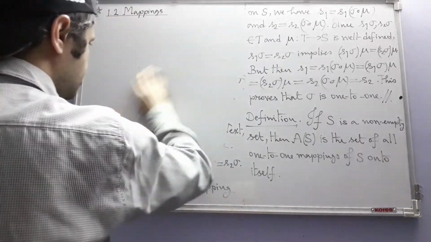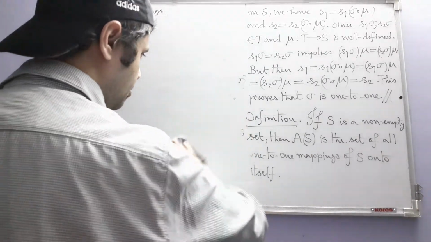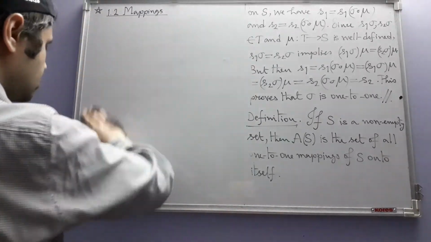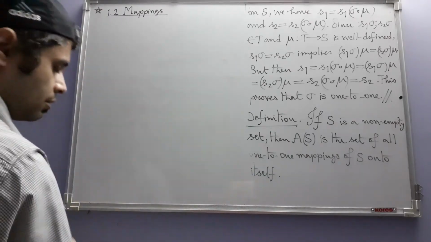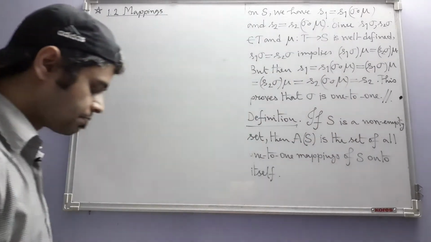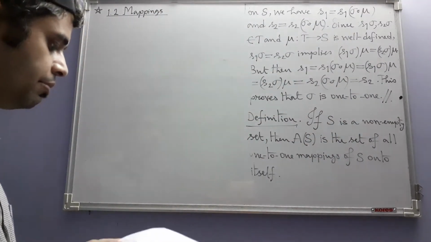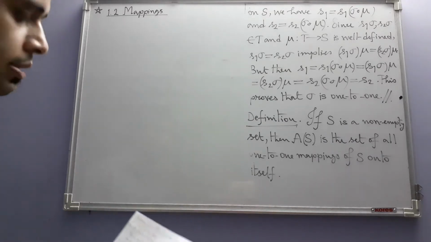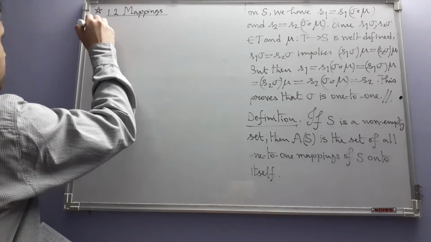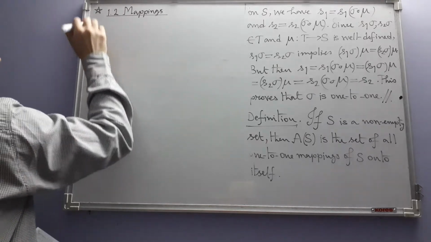So let us now state the theorem with the help of these lemmas. The theorem actually needs a proof, but its proof will involve repeating those lemmas that we have seen just now.